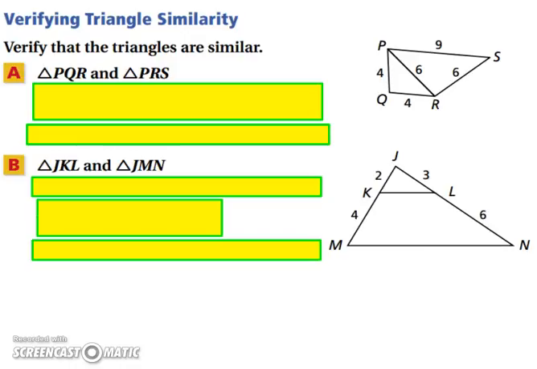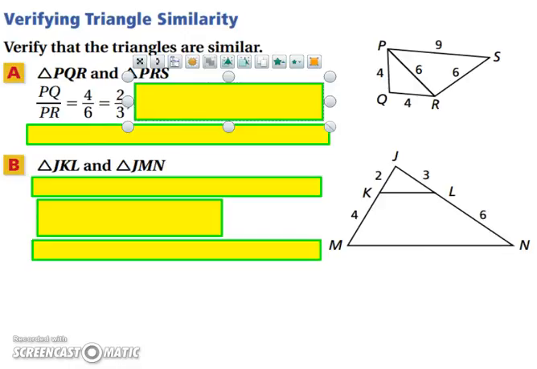Let's verify that the triangles are similar. So we have triangle PQR and triangle PRS. Well, if we look at our sides, we have PQ and PR, and if we do that, we have 4/6, which gives us 2/3.